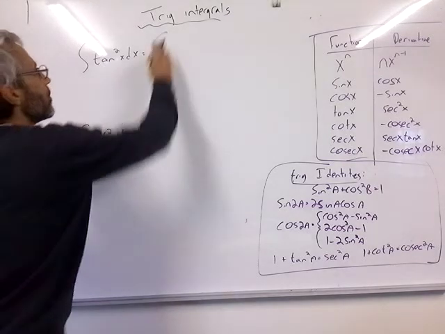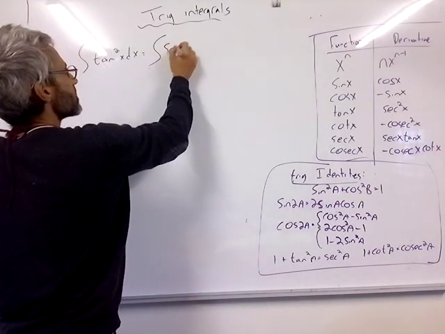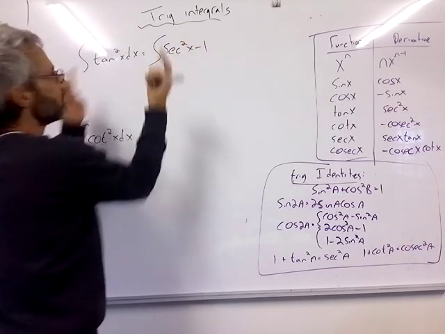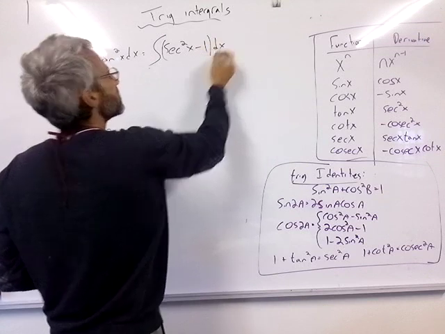Okay, so we're going to have an integral of tan squared x. Instead of tan squared, I'm going to write sec squared x minus 1, right? Instead of tan squared. And I need to put the dx, okay?